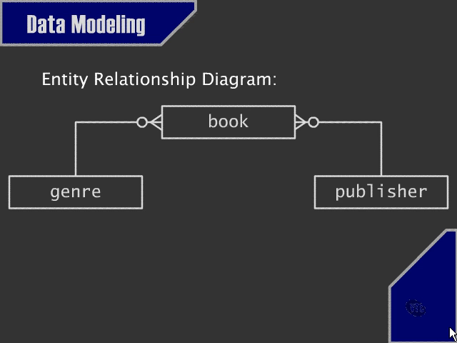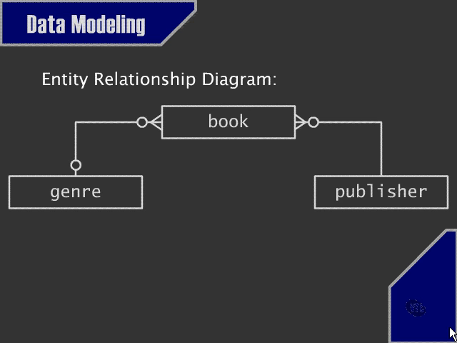Similarly, we put a genre entity within our entity relationship diagram. However, there's a slight difference here because genres can exist for which we have not yet entered books into our database, but we can have books that defy genre, books that refuse classification.